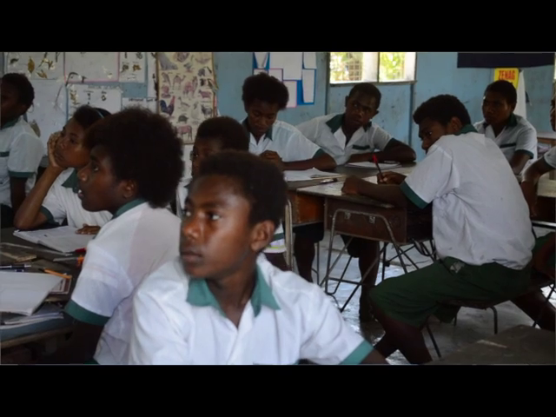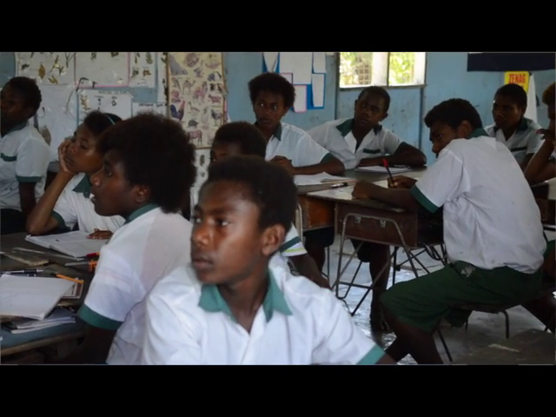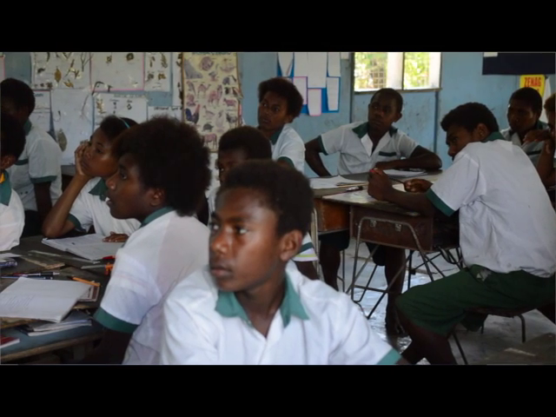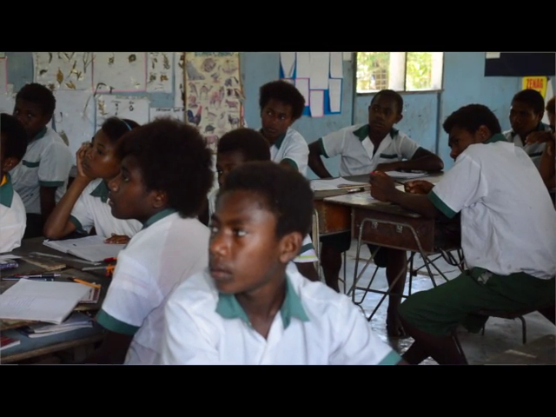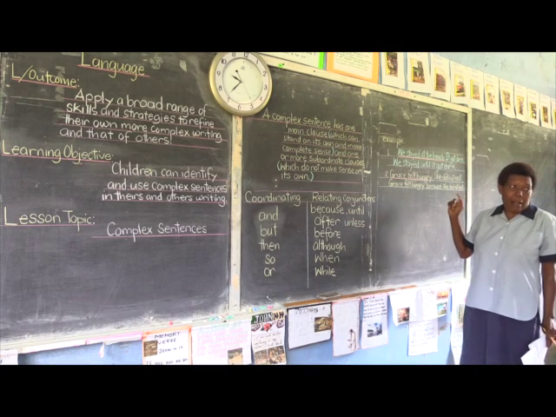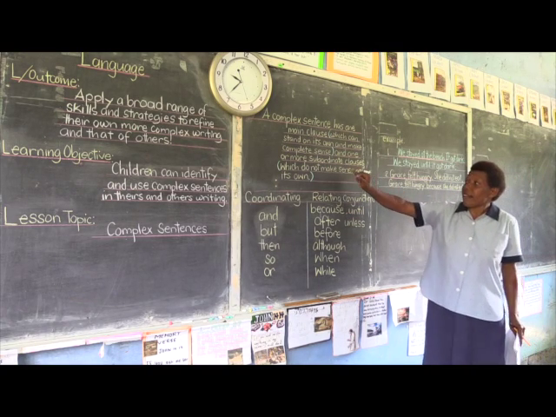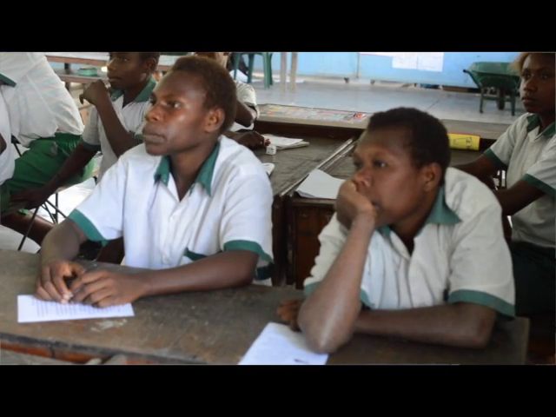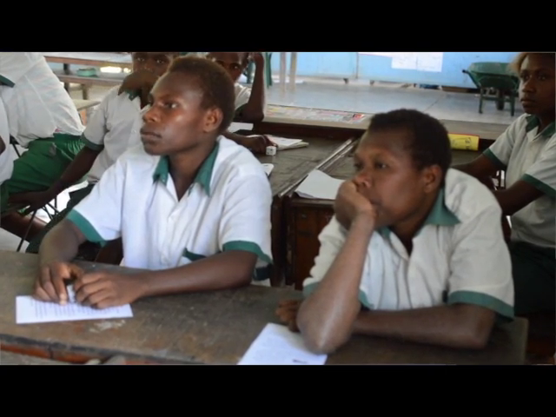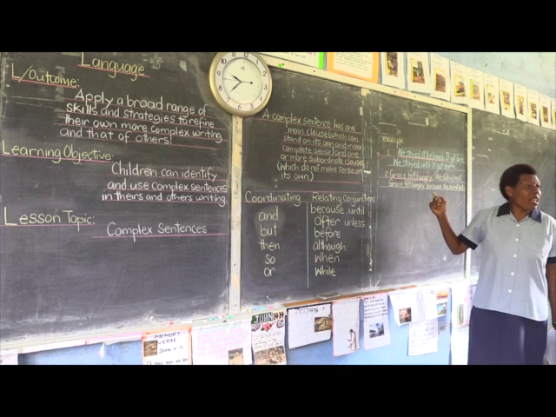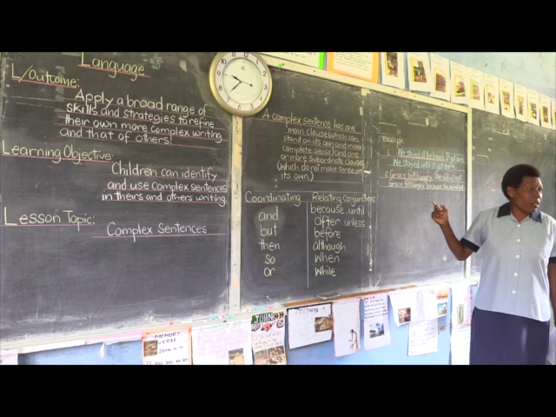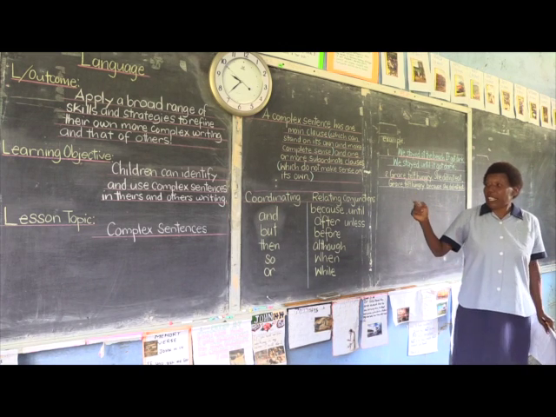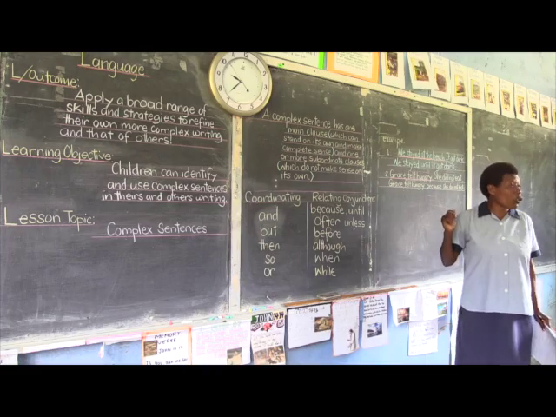I'll give you an example. We stayed at the beach. I've underlined that it's a main clause. It got dark. That's a subordinate clause. We stayed until it got dark. What's the relating conjunction that I've used?